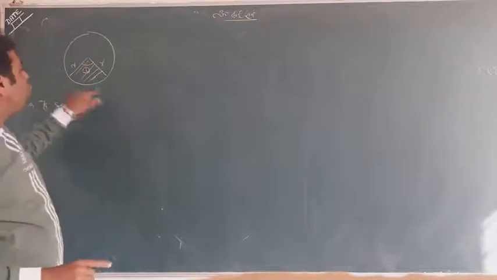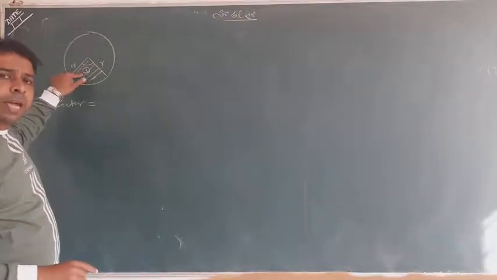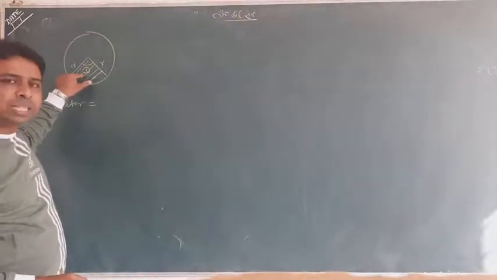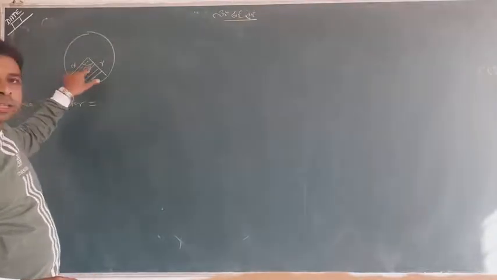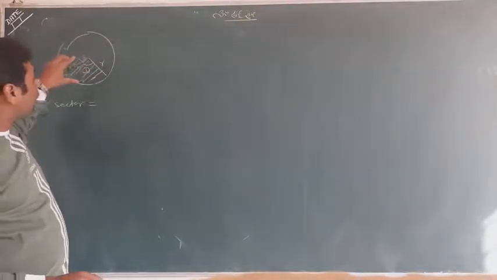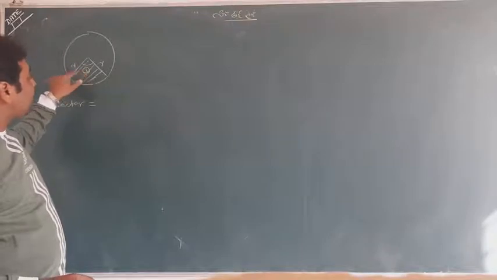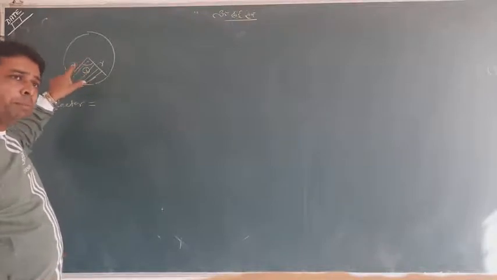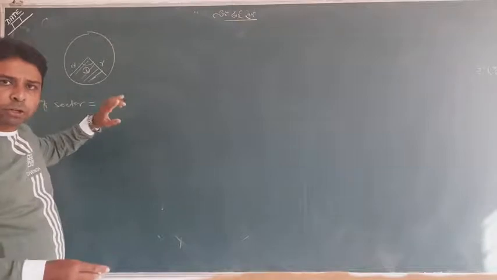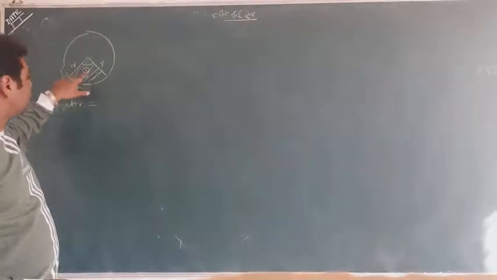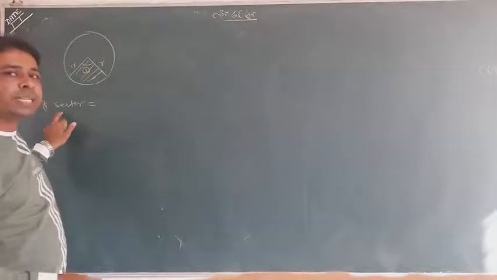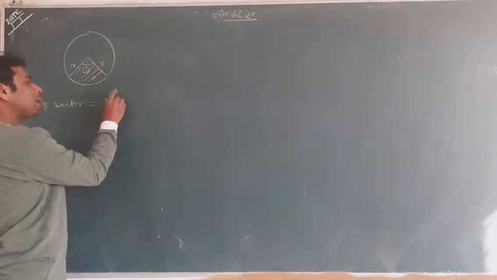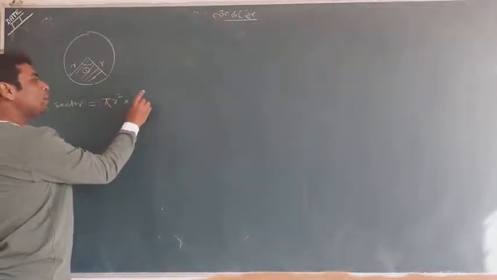When theta is given, and we use this theta, we are finding this sector, not the complete circle. According to theta, the sector may be major or minor, it makes no difference, as theta is given for the sector. So the area of the corresponding sector is given by pi r squared into theta upon 360.